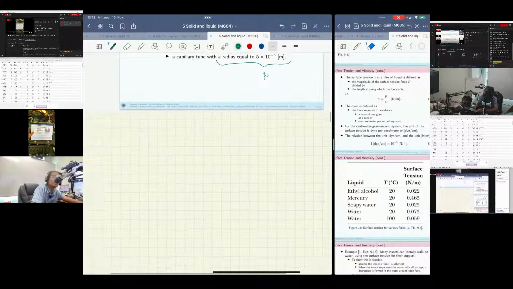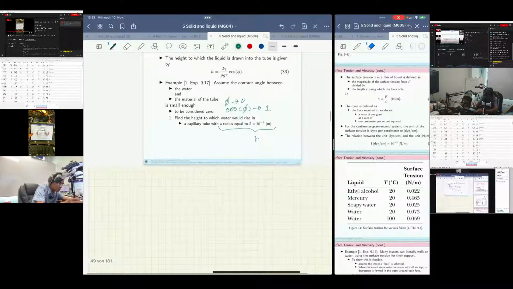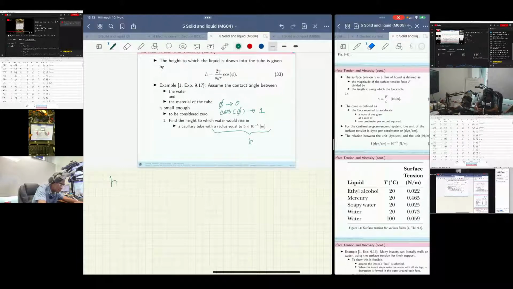All right, now it's time to solve this problem. We're gonna use the formula right there, right? H equals. Before we go ahead with that, we should express everything. Phi equals 0, and gamma is what we can see here, right?